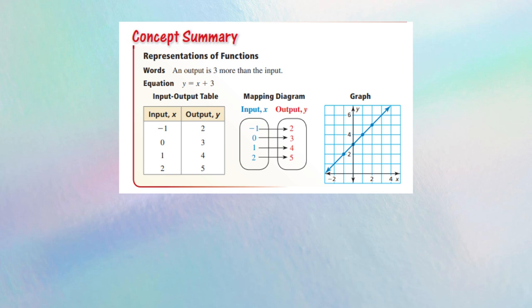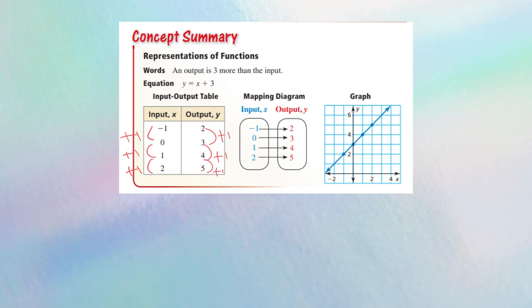What's the constant rate of change in x on the table? Plus 1, right? And what about on this side? Plus 1. So they're constant, correct? So that is a function.